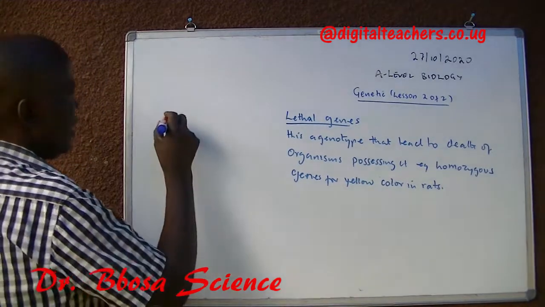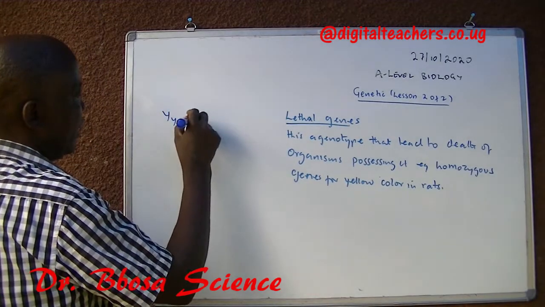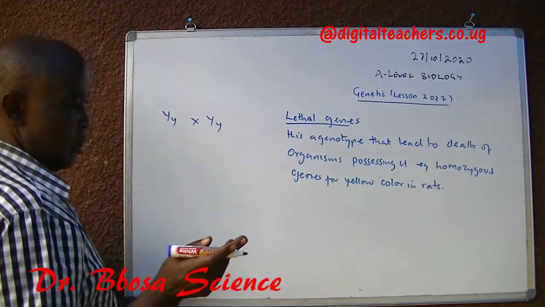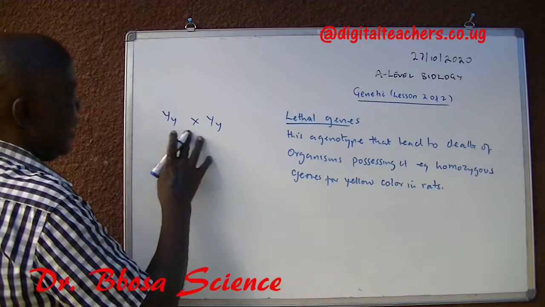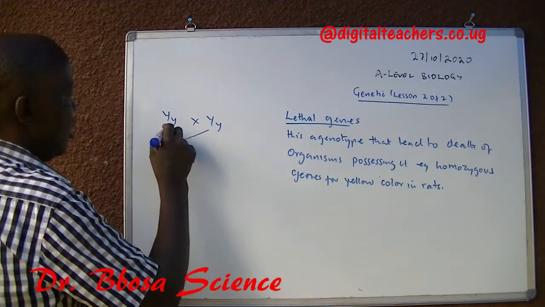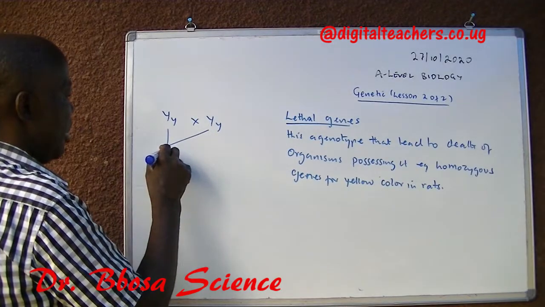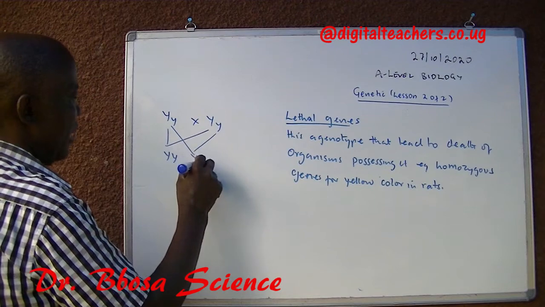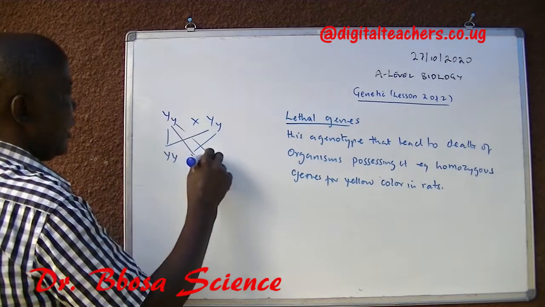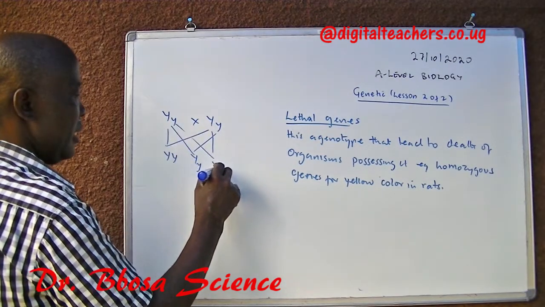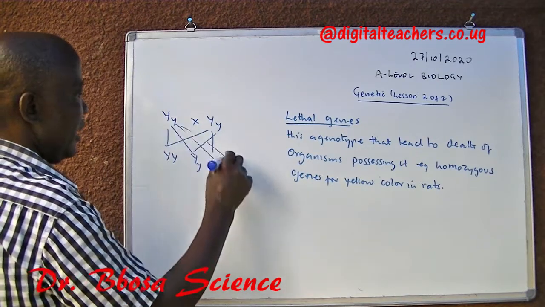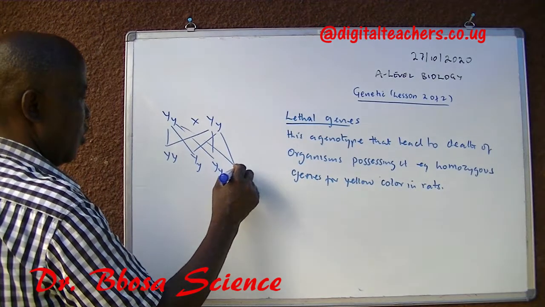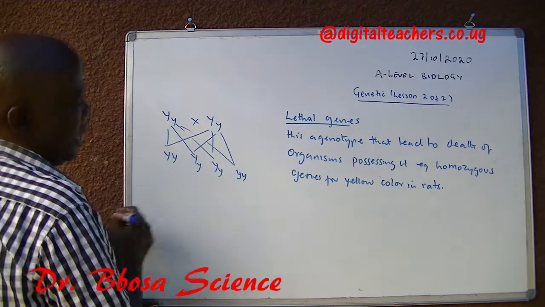So if a rat Yy is crossed with another rat Yy, which is heterozygous, then we expect to have YY, Yy, Yy, yy.